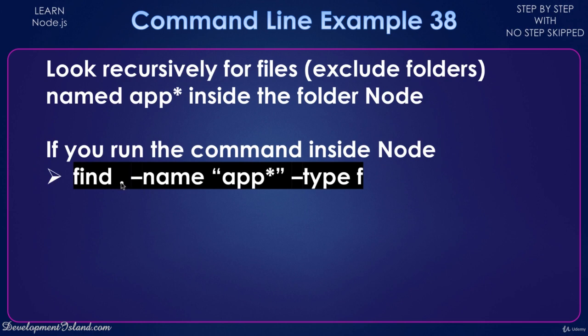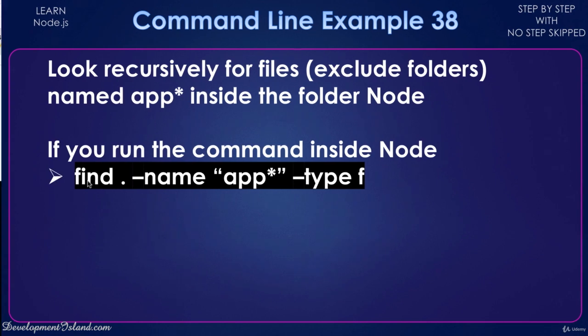So we're going to use dot for current location. And then we're going to use an option name to specify what pattern the name of our files should match. And then we are going to use the type option to make sure that we get only files, not folders. So let's try this command.